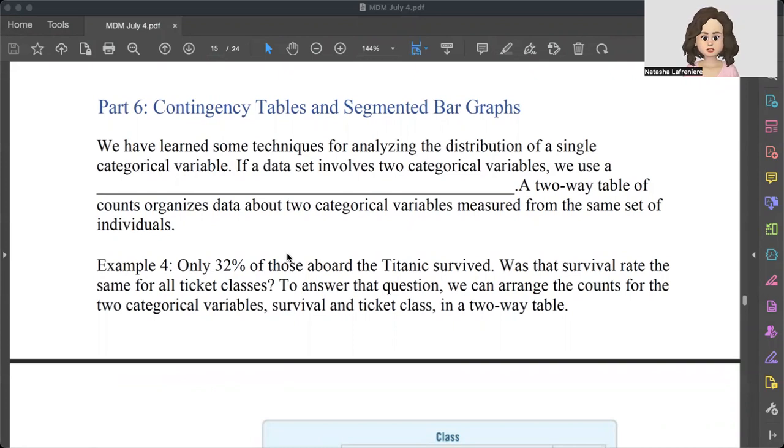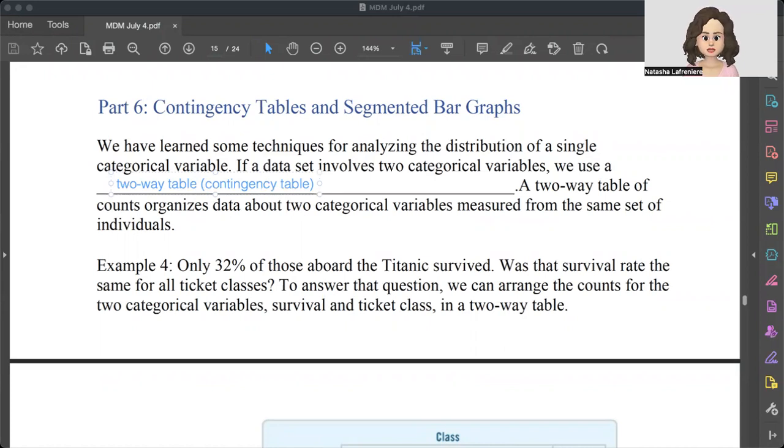If a data set involves two categories, we use a two-way table, called a contingency table. A two-way table of counts organizes data about two categorical variables measured from the same set of individuals.